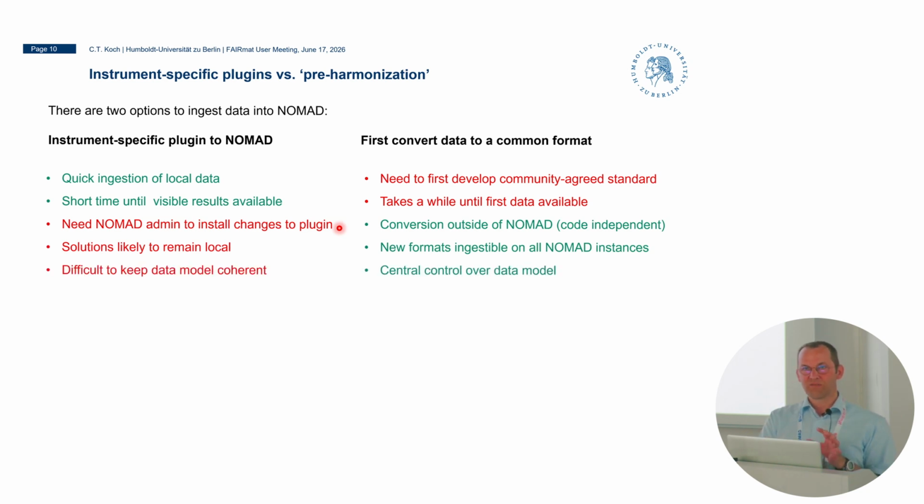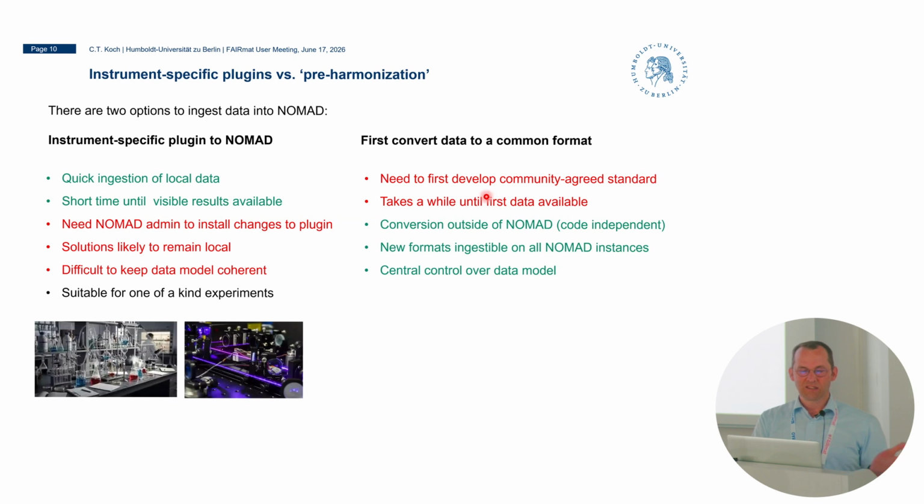But if everybody includes their own data into NOMAD, it's very difficult to keep the data model coherent. Because if there are many people trying to import data into it, then of course it's difficult to really keep some kind of standard. Whereas if you first agree on a standard, you also have the time to make it coherent with the data model that's within NOMAD.